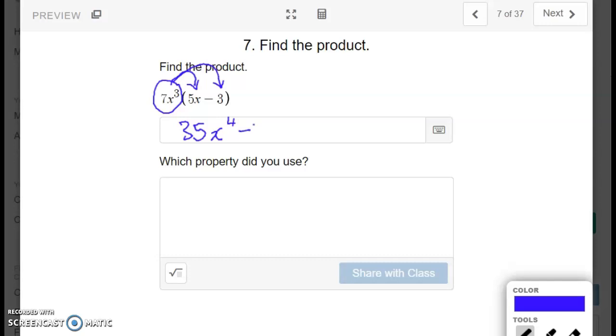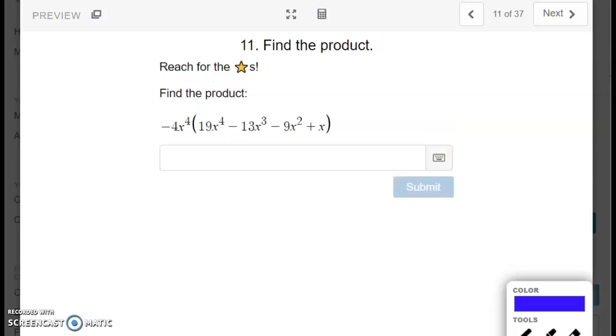That's going to be negative 21. And to that we're multiplying x to the power of 3. And again, we're using the distributive property. And please continue to card 11. And the Desmos activity should give you the feedback as to whether you're doing it correctly or not as well.